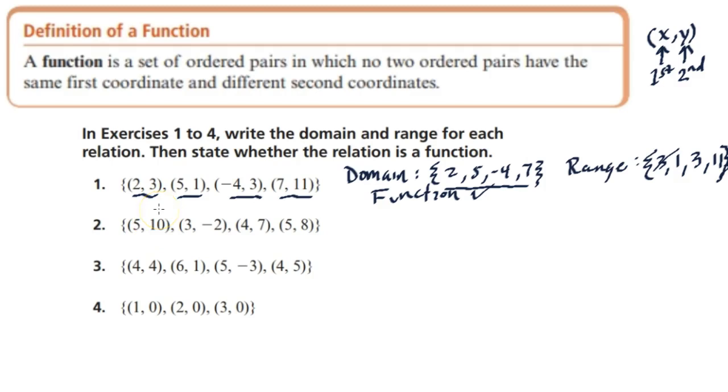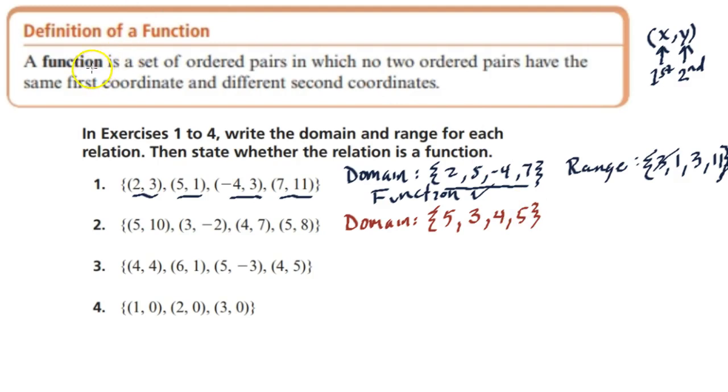All right, now going into the second problem. The domain is the set of all first coordinates. So that's 5, 3, 4, and 5. You may be noticing something: we have repeating first coordinates.